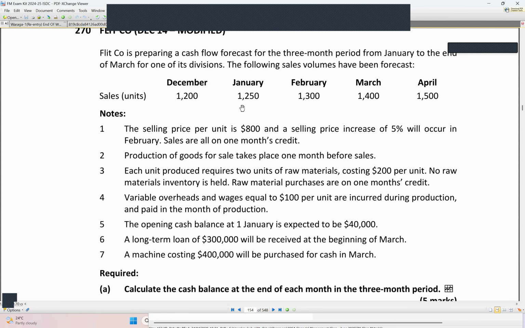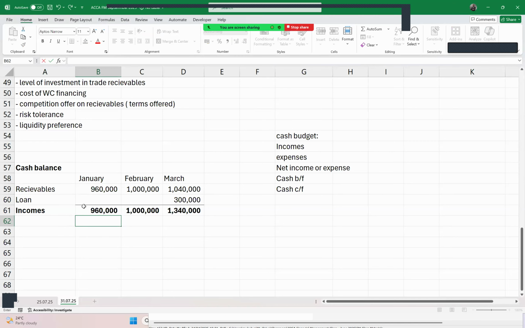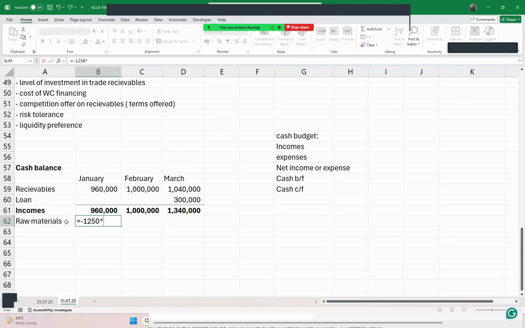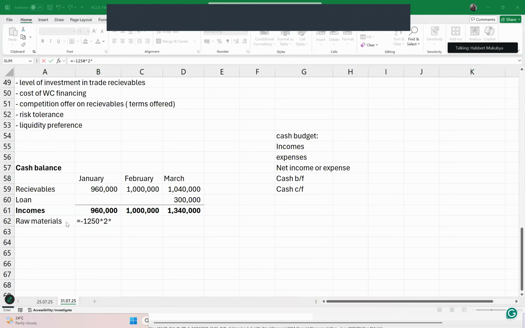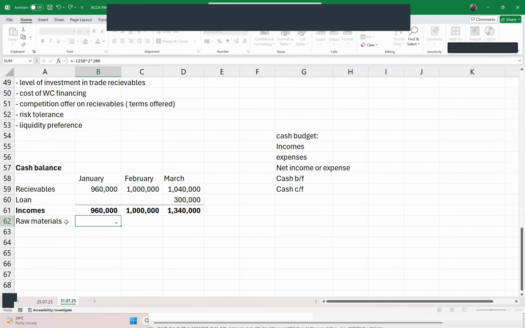So you just do 1,250 raw materials multiplied by 2 multiplied by 200. That is the raw material in January.